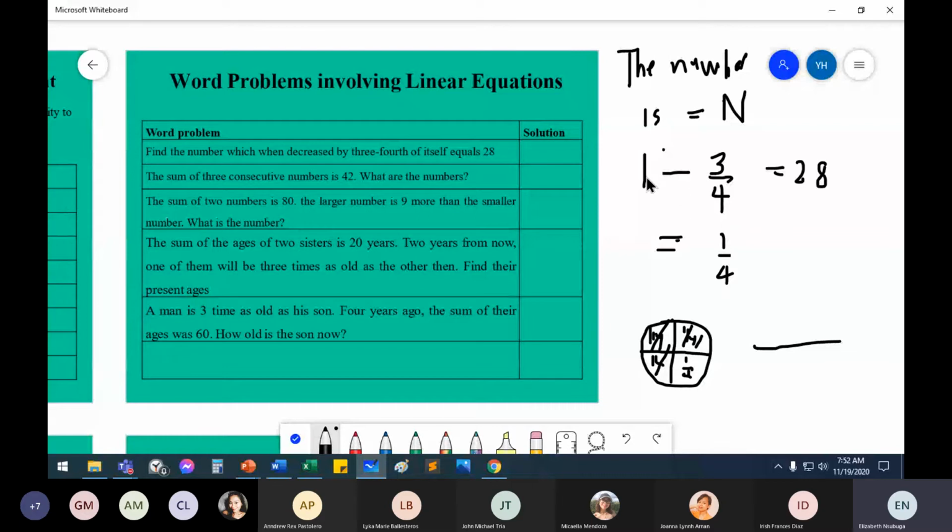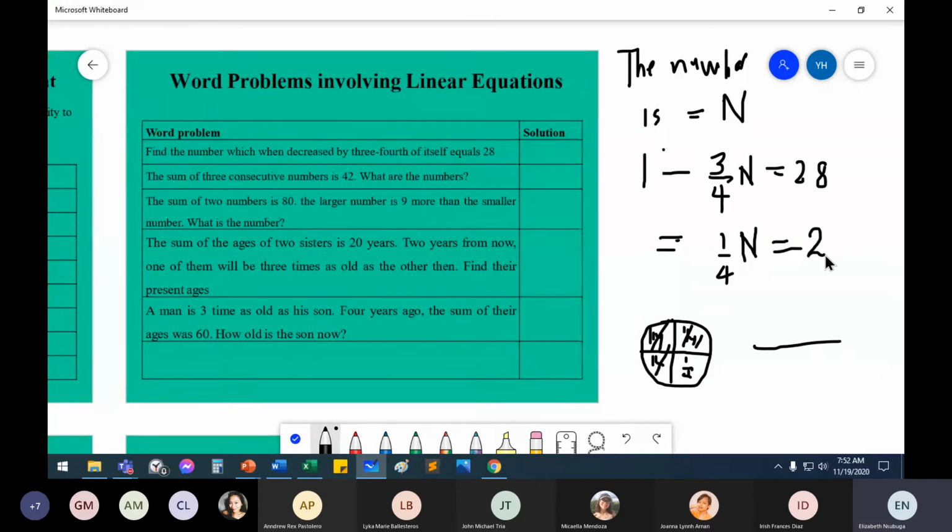If I take out 3/4, I'm going to remain with 1/4. But remember, this was of n. Therefore, this is 1/4 of n. So, 1/4 of n is equal to 28.